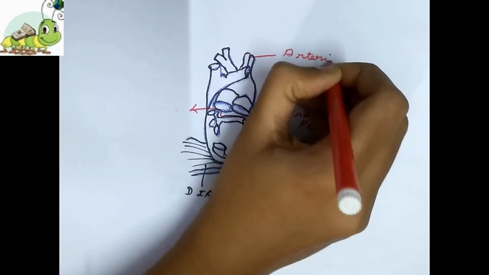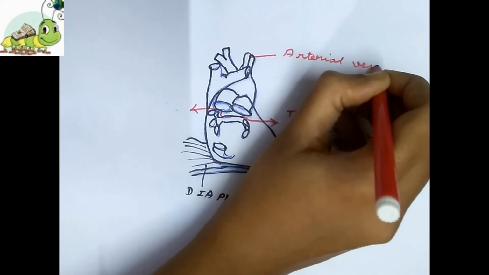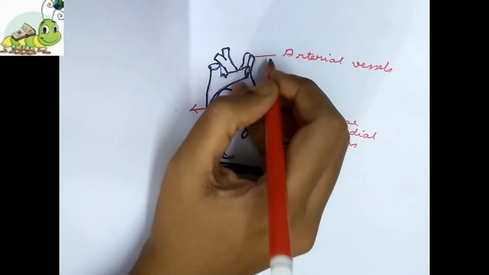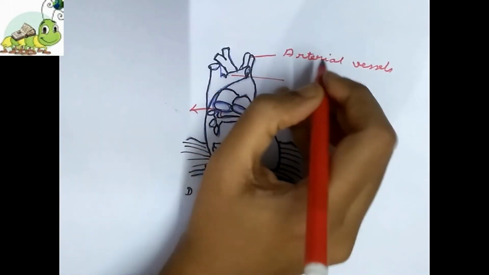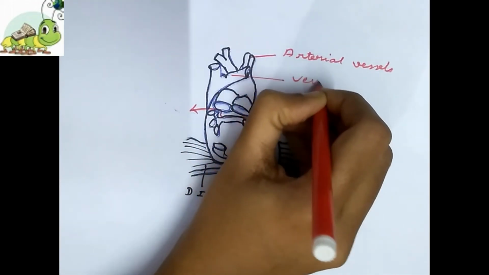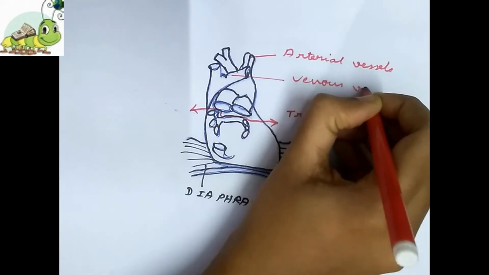This can be used to identify and subsequently ligate, or tie off, the arteries of the heart during coronary artery bypass grafting. So this is the overall structure of the heart surface.